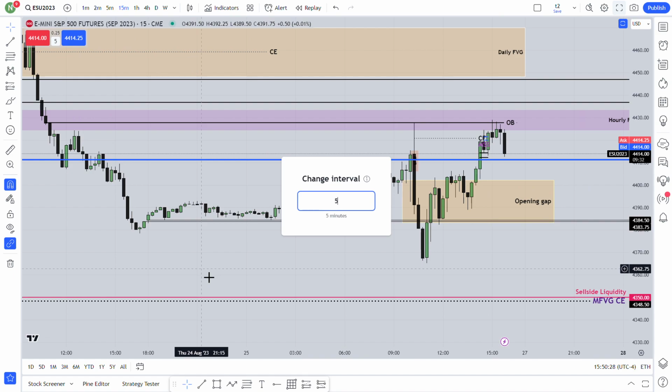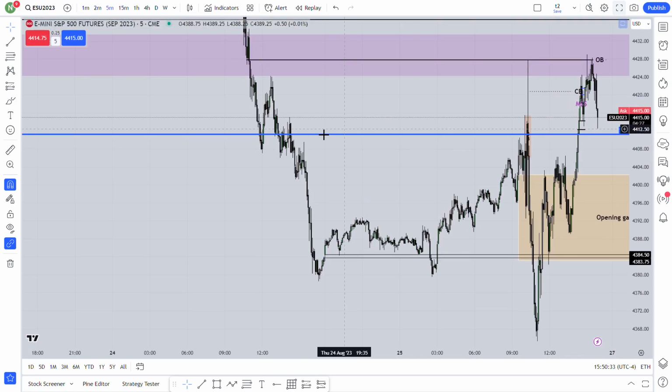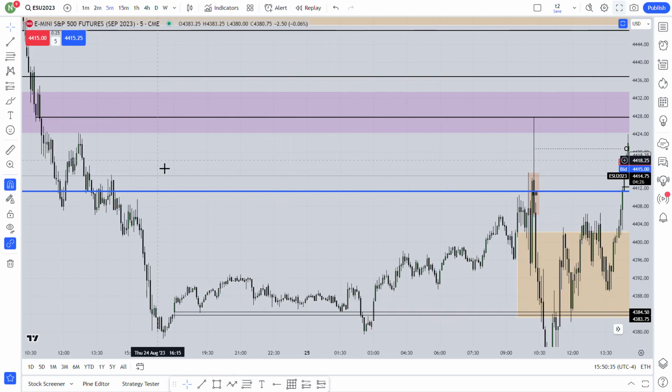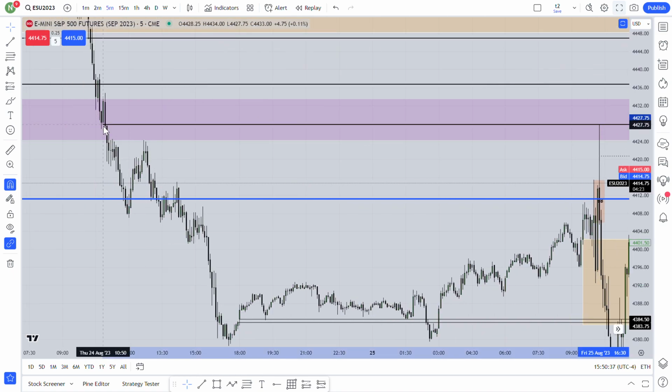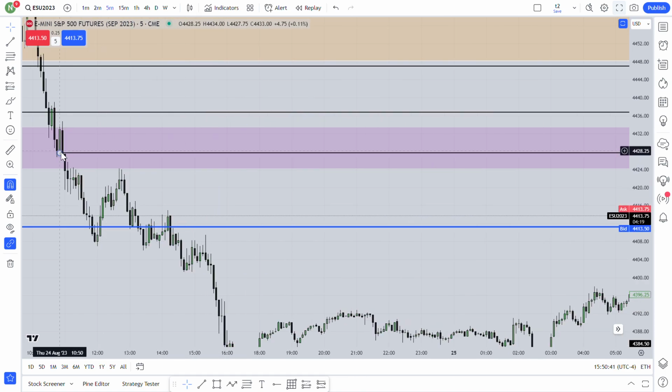Okay, let's come to the 5-minute because we need to see the order block. On the 5-minute chart, you see this candle, this order block. I marked it because it's actually just the consequent encroachment of the hourly I fair value gap. It's almost over there.